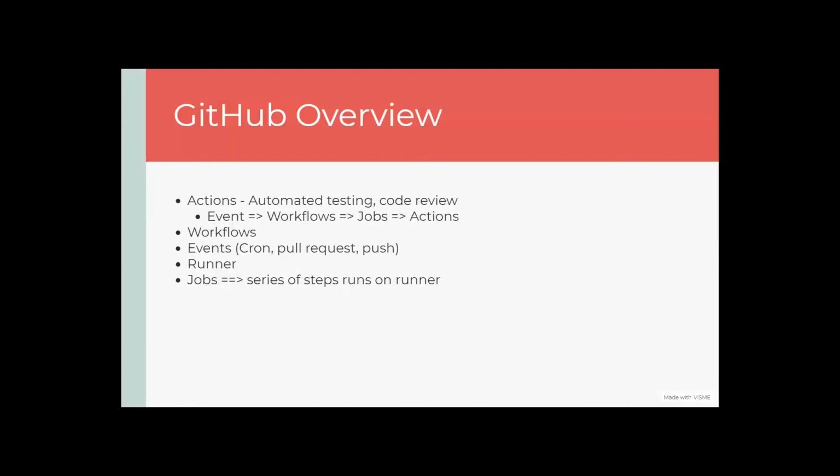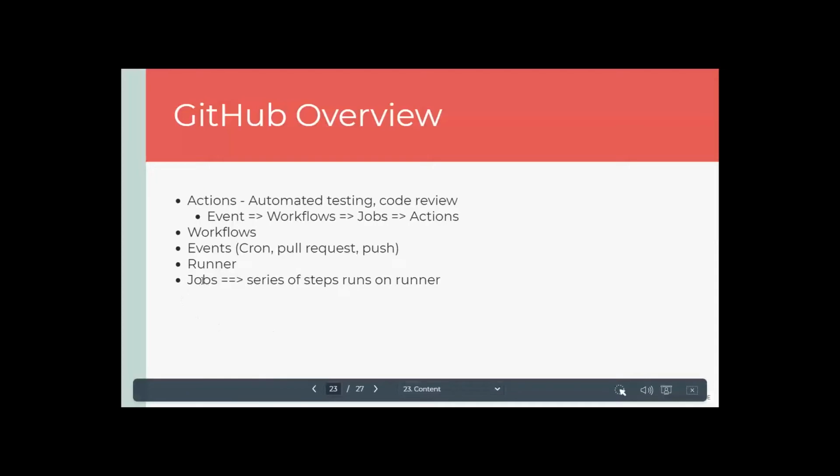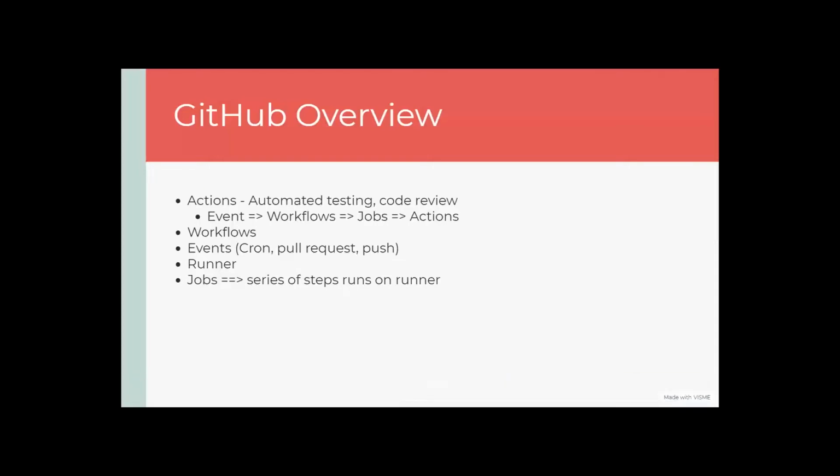Build and compile are like a job. The build is one job, and under that, compile, unit test, creating the jar, and building the source code are the steps in the job. So this is the overview, team.